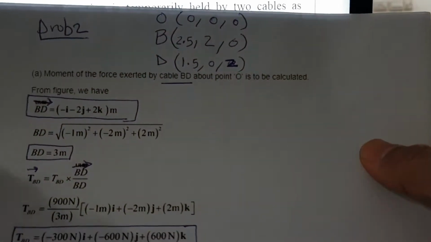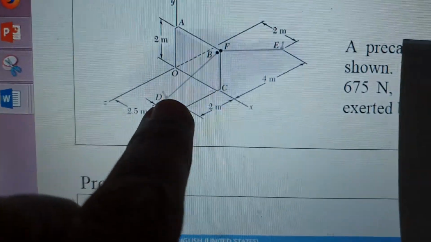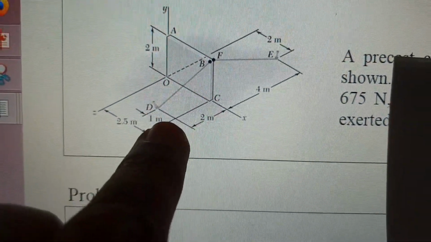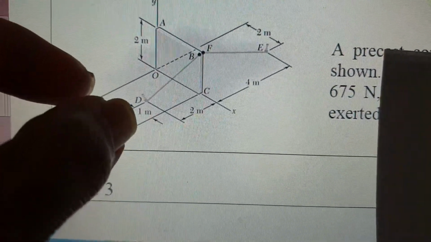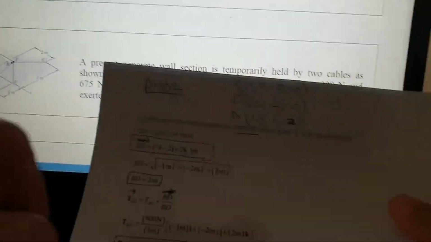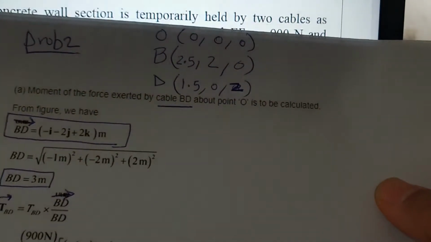Now let's look at point D. D is 2.5 minus 1 because 1 is here. So you want to know the distance in the x-axis. It's 1.5, so 1.5 in the x. And how about the y?